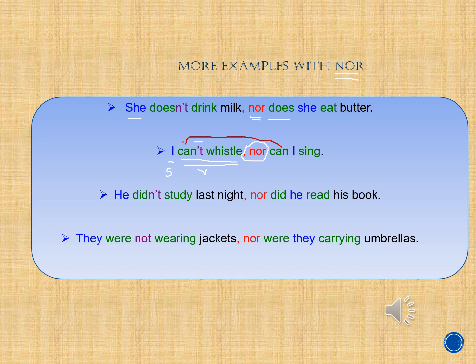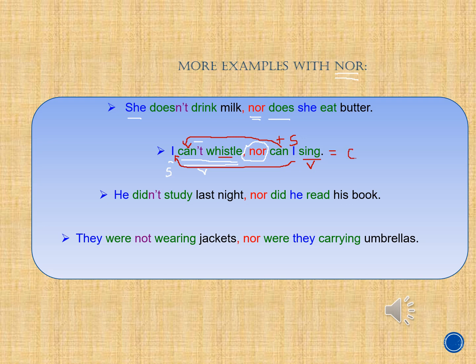Then you're going to use the same subject, I. You're going to write I after can. And then you're going to put the verb or whatever you want to say that this person cannot do. In this case it is sing. The name of this sentence is a compound sentence. It has two independent clauses and a coordinating conjunction in the middle with a comma.